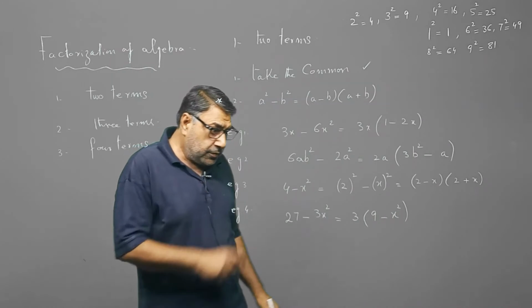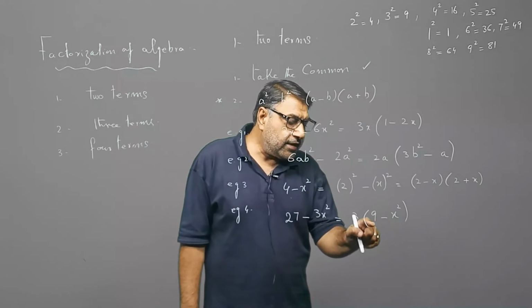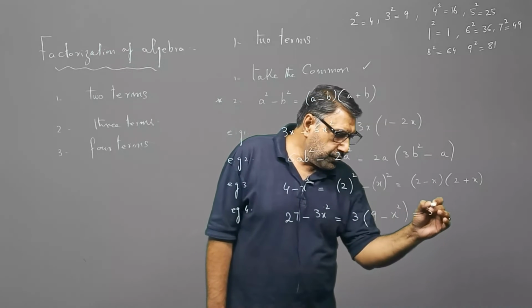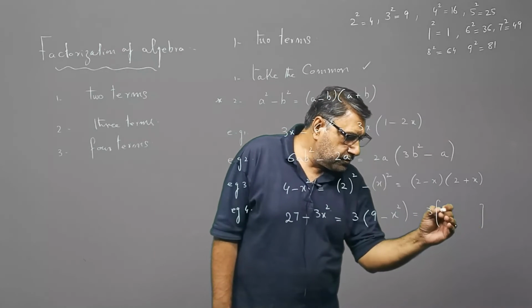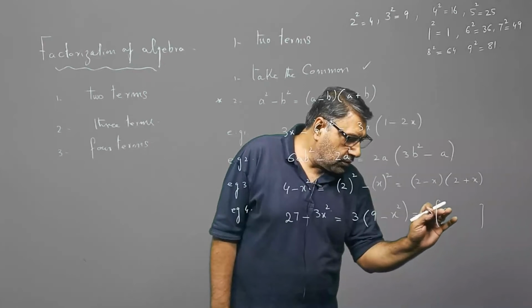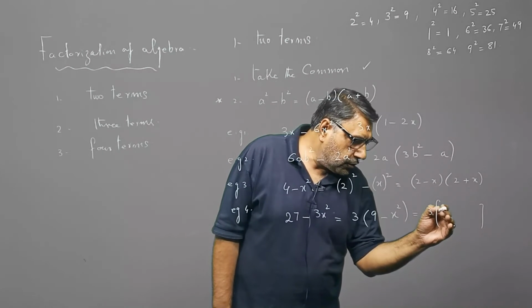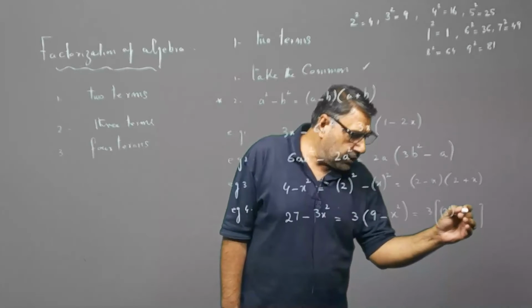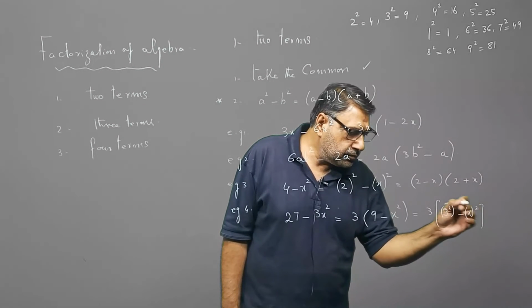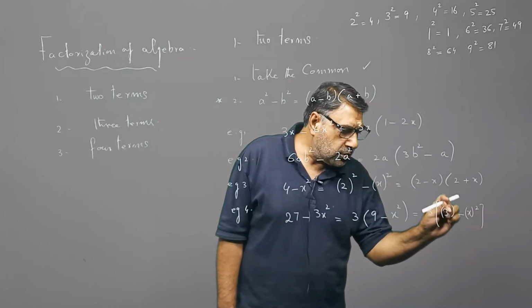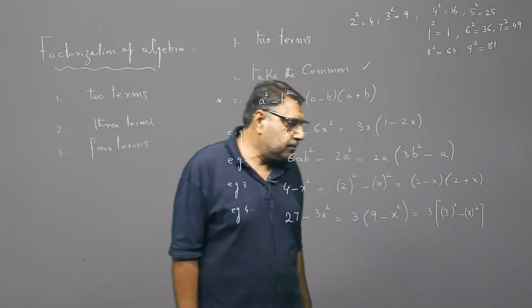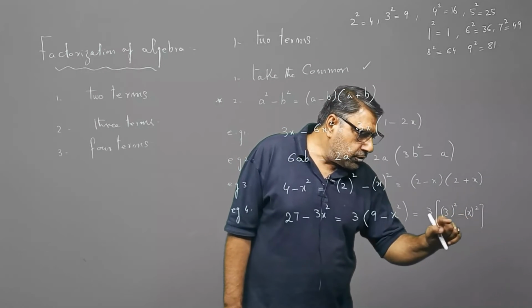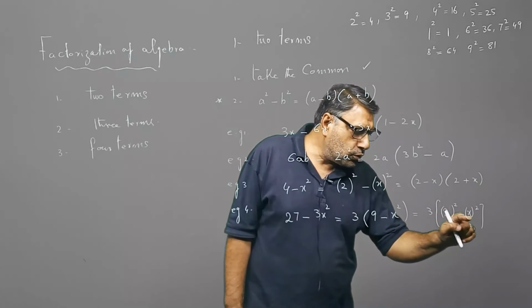Now again, second step, minus between two squares, as 9 is a square number. 9 becomes 3 squared, minus x squared.